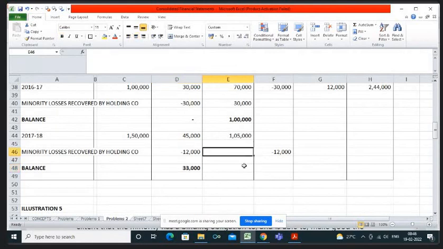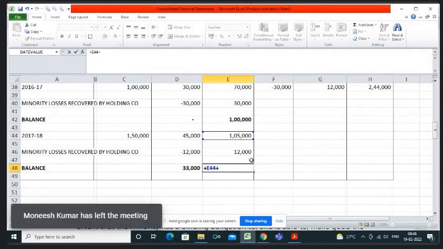And how much profit should be transferred to the profit and loss account? The amount to be transferred is 1,17,000, the profit for consolidation purposes.